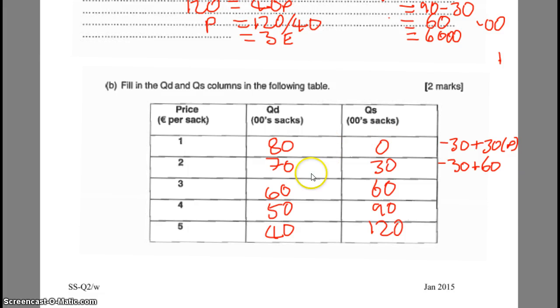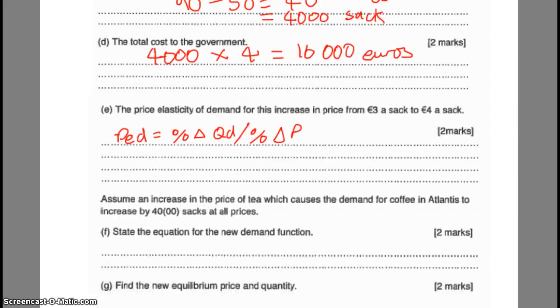The change in quantity demanded goes from 60 to 50, so there's a change of 10, and we do the original to find out the percentage. And then the price goes from 3 to 4, so a change of 1, and the original is 3. Some of you still need to work out percentages, which is quite scary. So remember to work out the percentage.